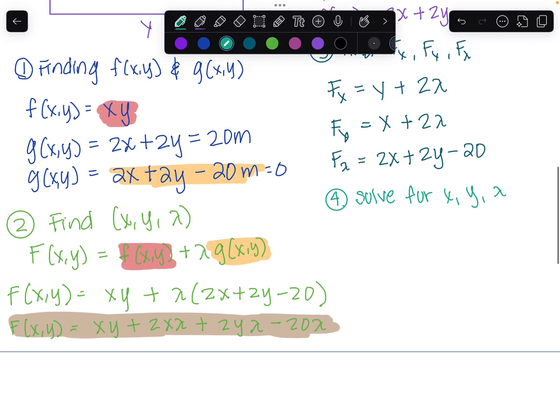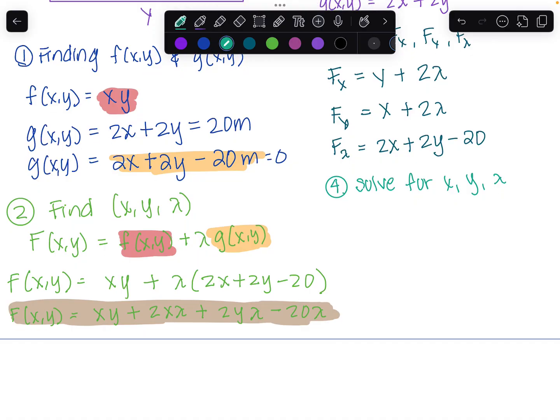So first, we're going to do y plus 2 lambda equals 0, which would go to y equals negative 2 lambda. X plus 2 lambda would go to x equals negative 2 lambda.